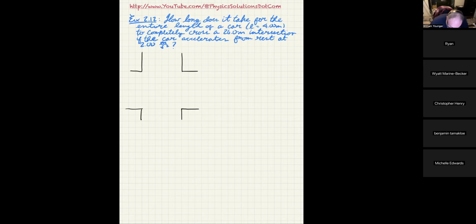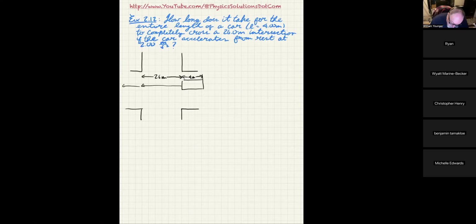And what we're imagining here is a car is sitting here, and the length of this car is 4 meters, and then the length of this intersection is 26 meters. What we want is the car to go all the way through the intersection, but then further on so that it's completely bypassed it.